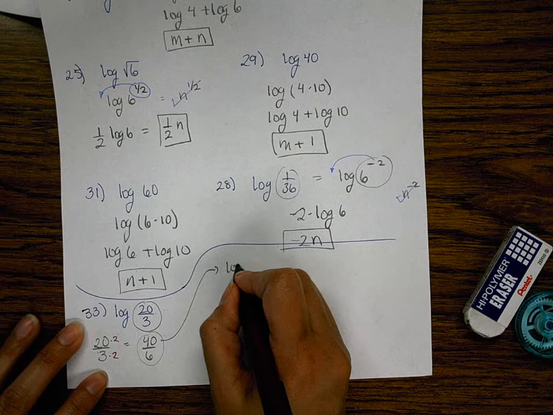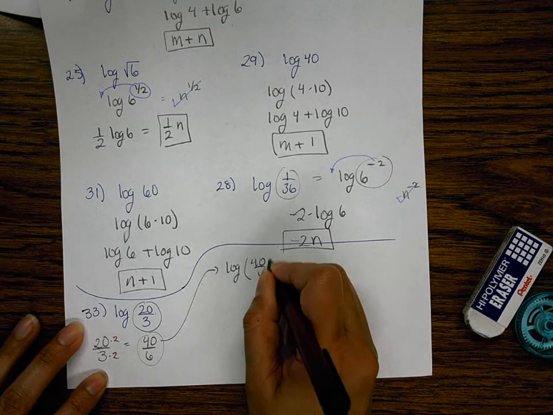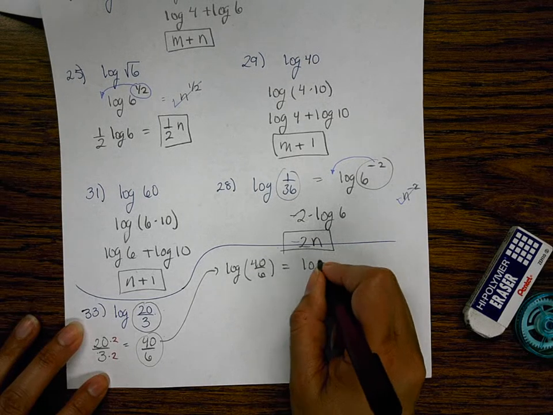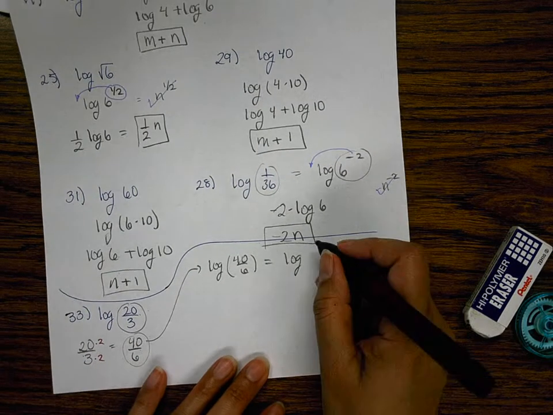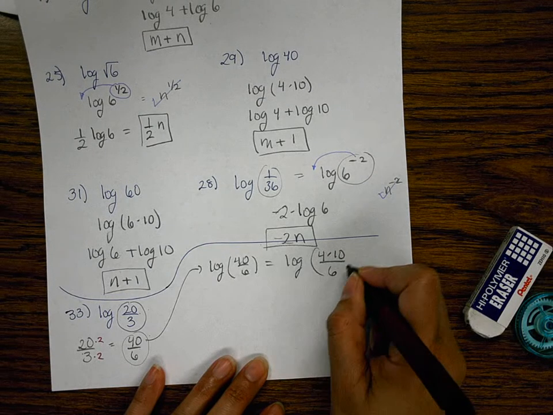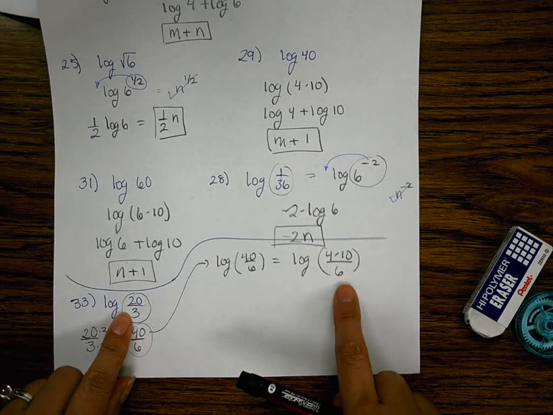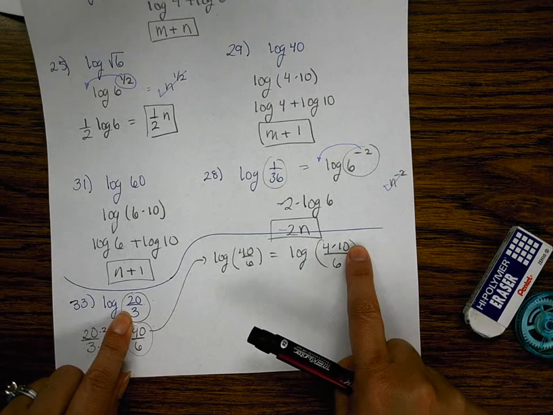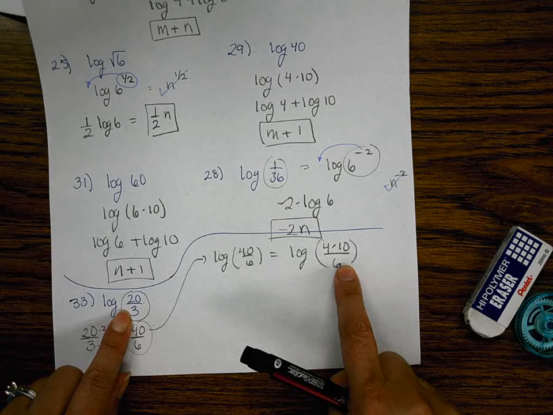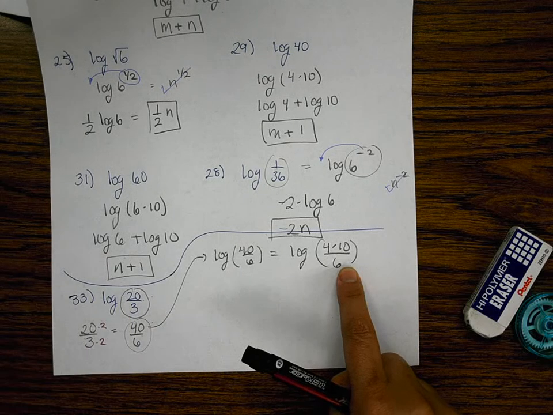Log of 40 over 6 equals log of 40 is 4 times 10 over 6 is just 6. 6 is one of the numbers I can use. So are these two exactly the same? 4 times 10 is 40 divided by 6. 40 over 6, does it reduce to 20 over 3? Yes. So I'm changing the way it looks but not changing the value.